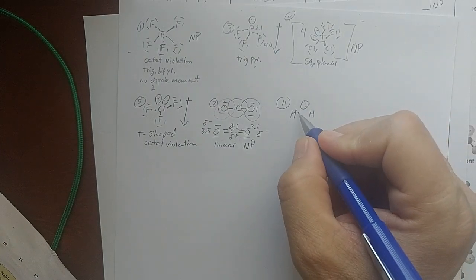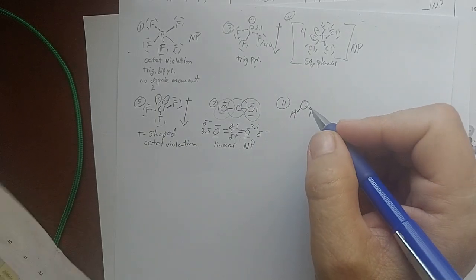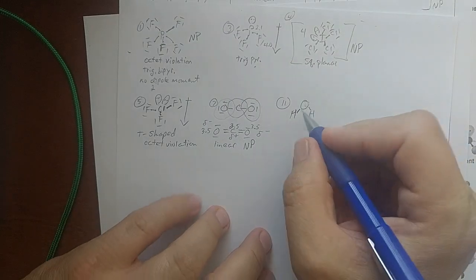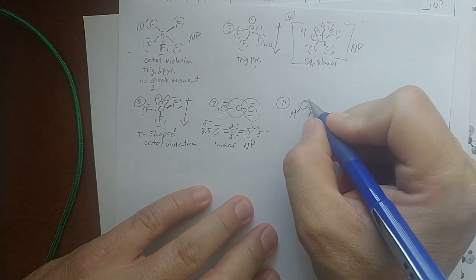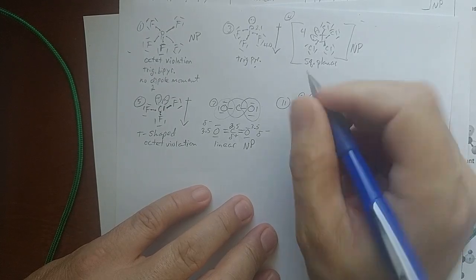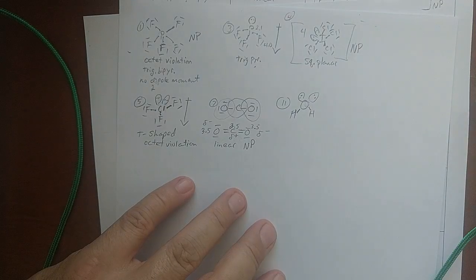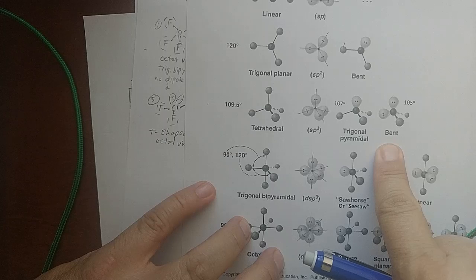So that's 8. So I got to use 2 of them here and 2 of them here. That leaves me 4, and they sure don't go in the hydrogen. Hydrogen can only manage 2, so they go in the oxygen. An unshared pair and an unshared pair. And what I have is this kind of bent molecule.